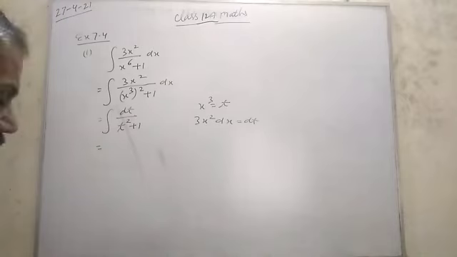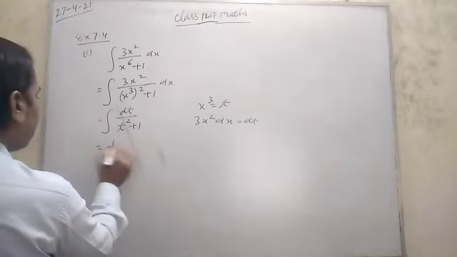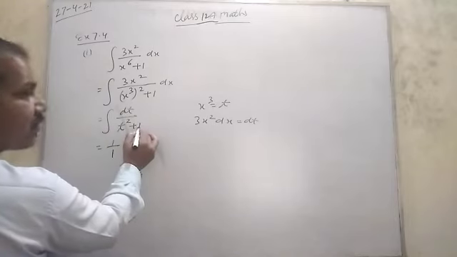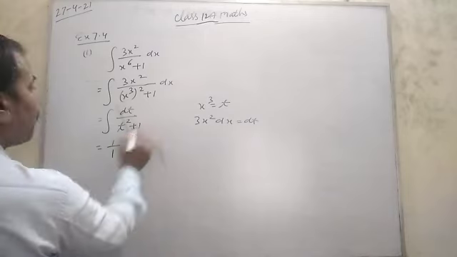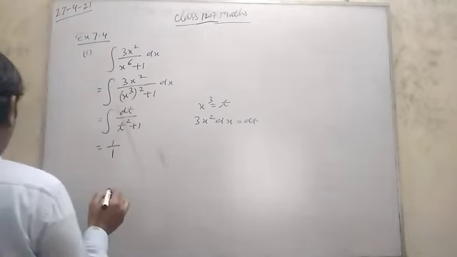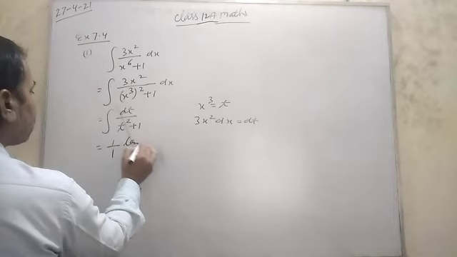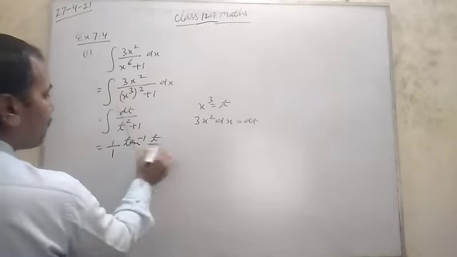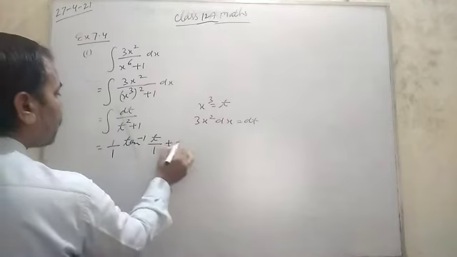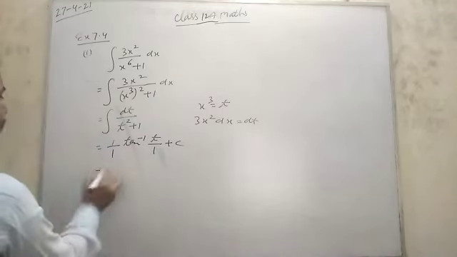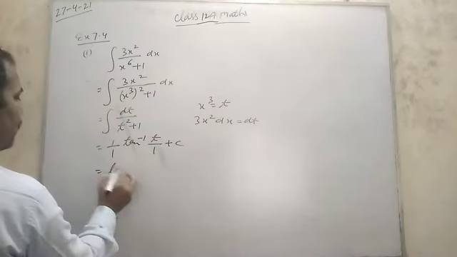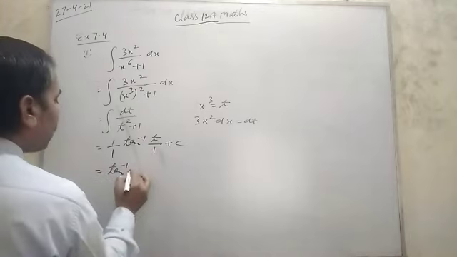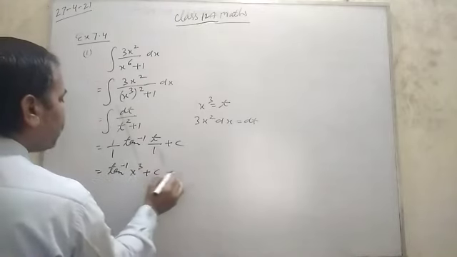That formula is 1 upon a tan inverse of x upon a. Here a is 1, so 1 upon 1 tan inverse t, putting the t value, tan inverse x cube plus c.